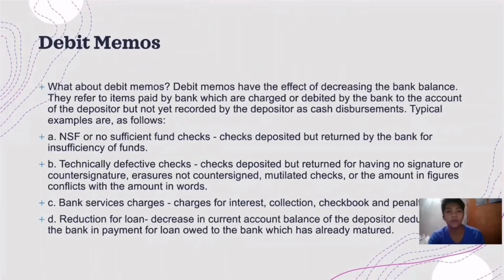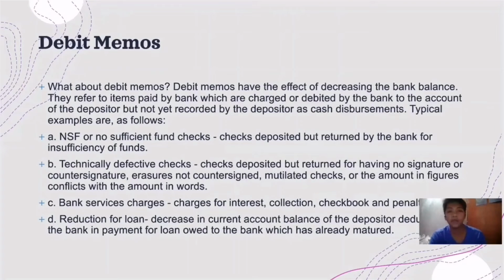Debit memos. What about debit memos? Debit memos have the effect of decreasing the bank balance. They refer to items paid by the bank which are charged or debited by the bank to the account of the depositor but not yet recorded by the depositor as cash disbursements. Typical examples are as follows. A. NSF or non-sufficient fund checks: checks deposited but returned by the bank for insufficiency of funds.